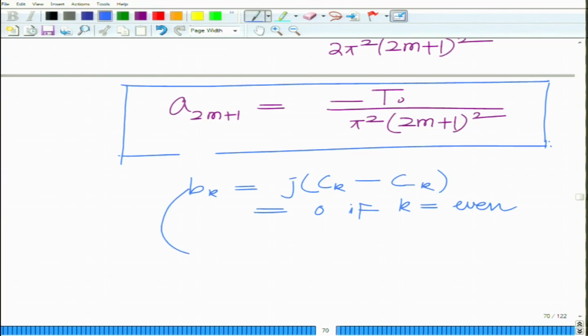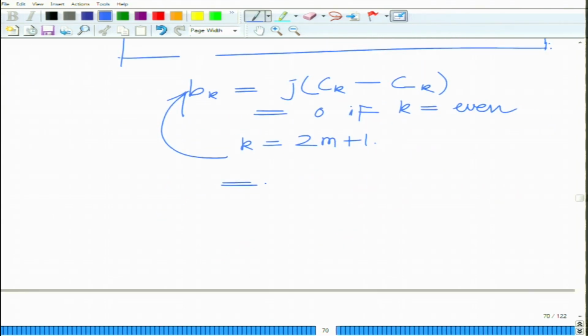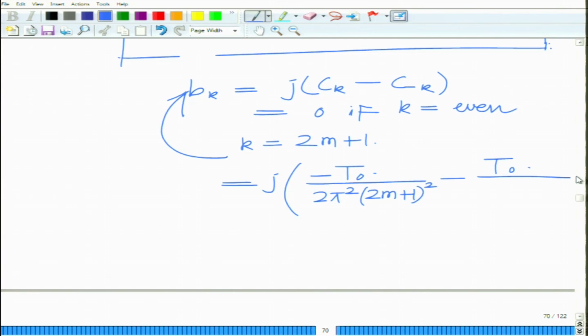If k is odd, then b k is basically j times minus T naught by 2 pi square 2m plus 1 whole square minus C minus k, minus T naught by 2 pi square minus 2m minus 1 whole square, which you can clearly see is 0.